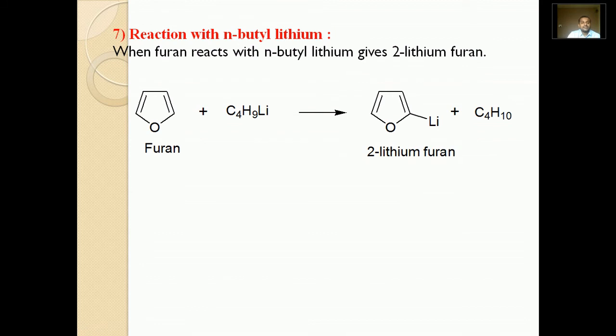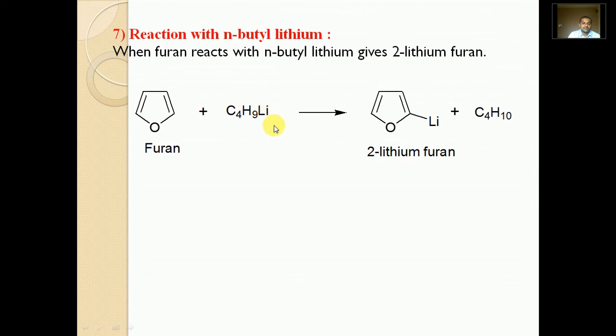Reaction with n-butyl lithium. As we know, n-butyl lithium is an organolithium compound, an example of organometallic compounds, as there is a direct bond between the metal, lithium, and carbon. As carbon is more electronegative than lithium, it generates a nucleophilic alkyl group. In this case, lithium has a positive charge.